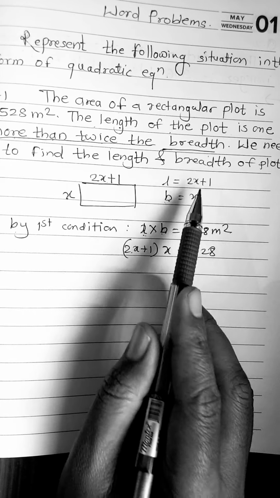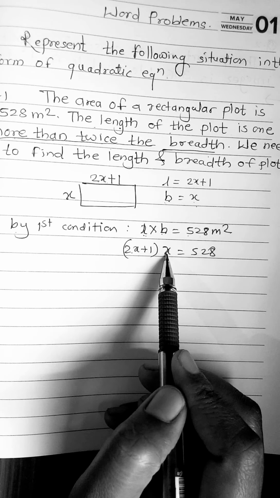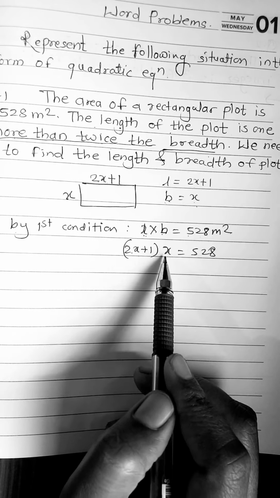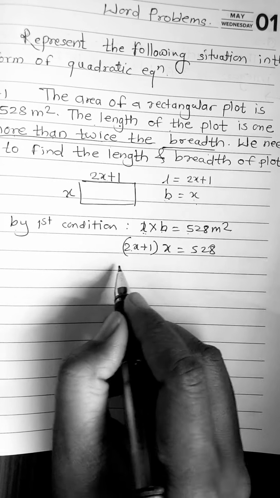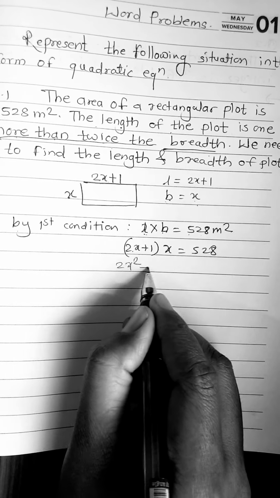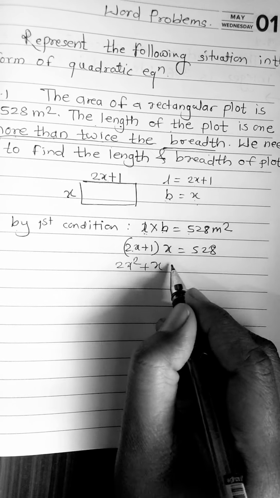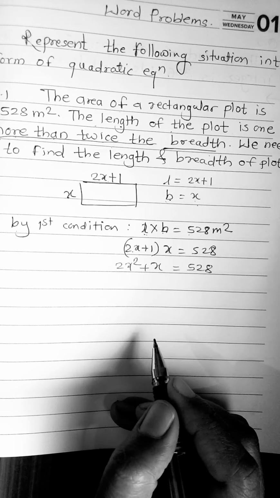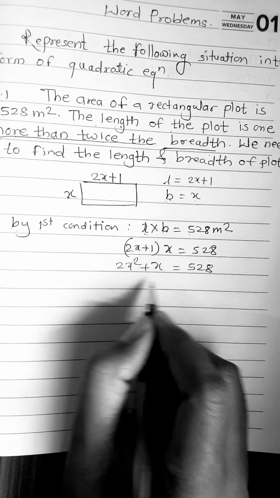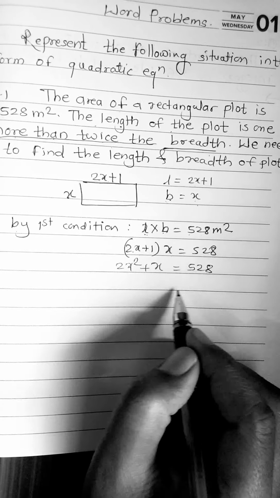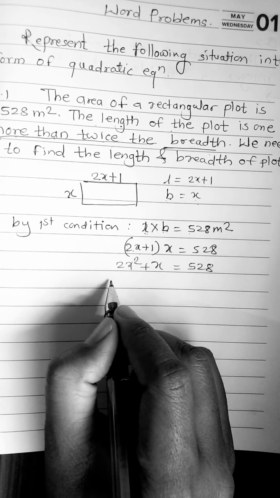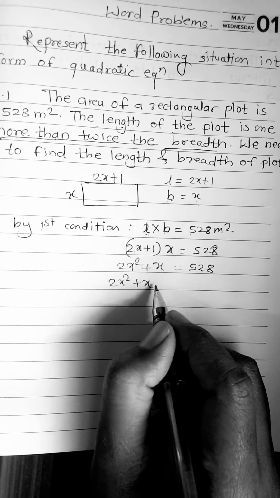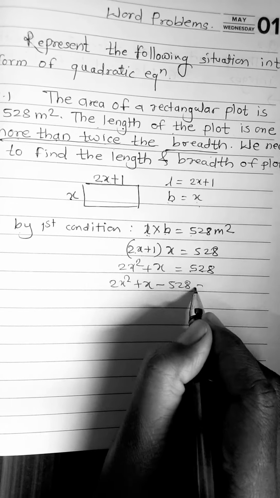Then we multiply the bracket by x: x into 2x is 2x square, plus x into 1 is x, equals 528. We take this 528 to the left side, so 2x square plus x minus 528 is equal to 0.